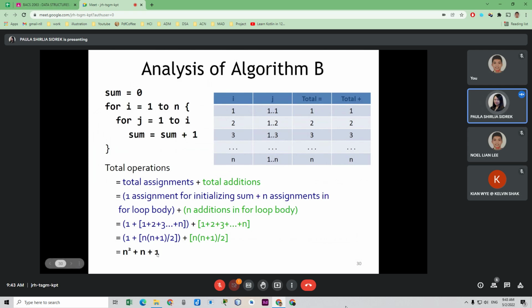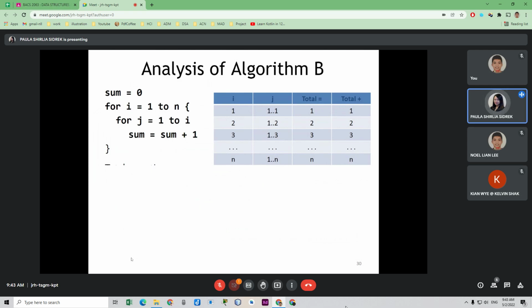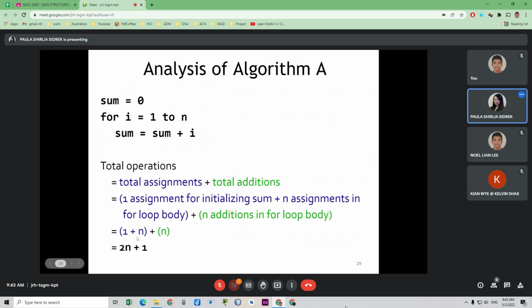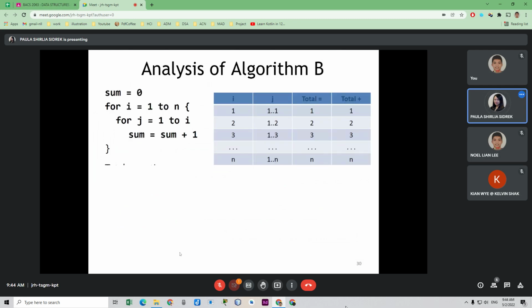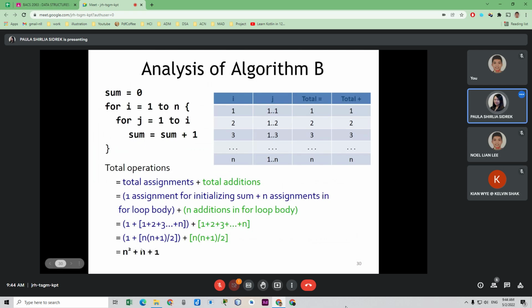So that is n squared plus n plus 1. So that is for algorithm B. All right, so basically this value is increasing. It's larger compared to your algorithm A, right? Because if you notice, there is a squared there on top of n.